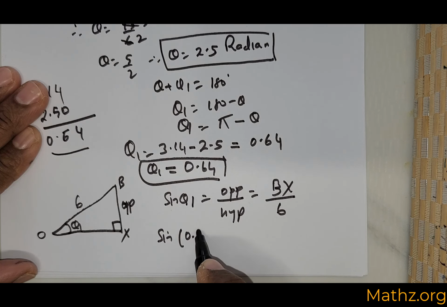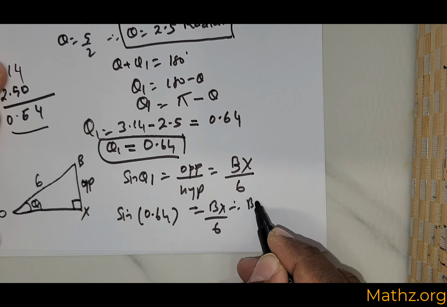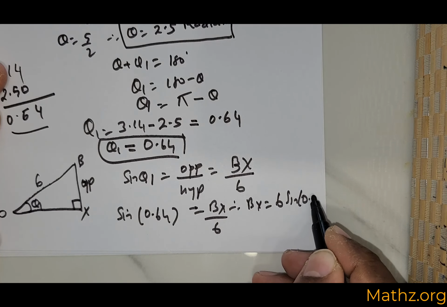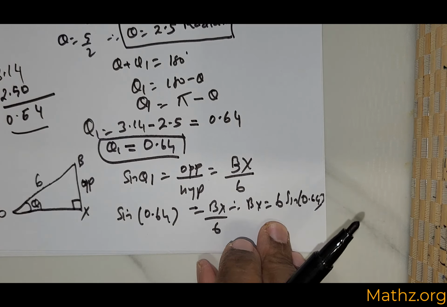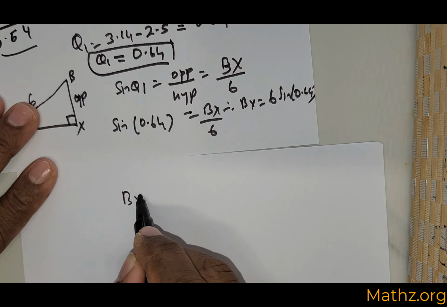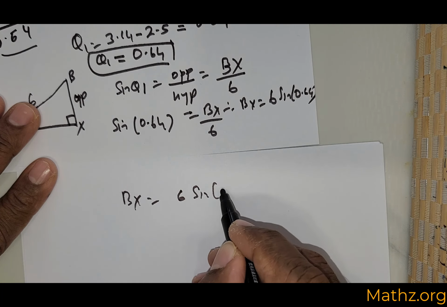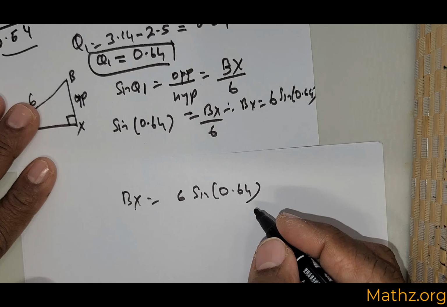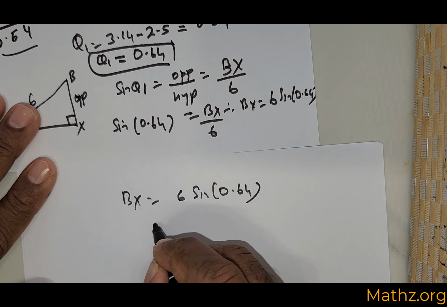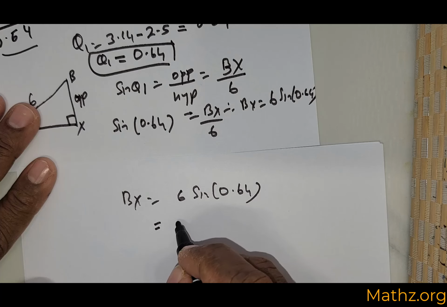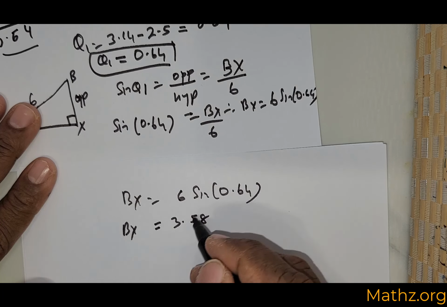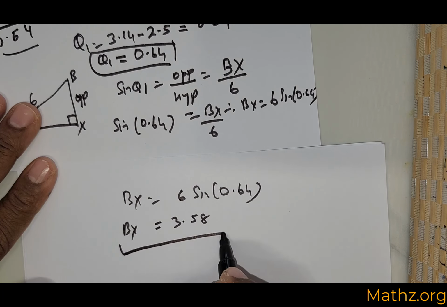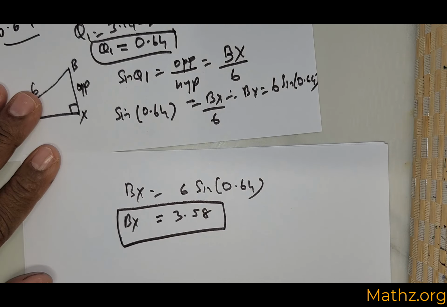So I've got sine of 0.64 is equal to BX over 6. Therefore BX is equal to 6 times sine of 0.64. Now let me rewrite that. BX is equal to 6 times sine of 0.64. Now use your calculator, and this is going to be approximately 3.58. So now I've got BX.